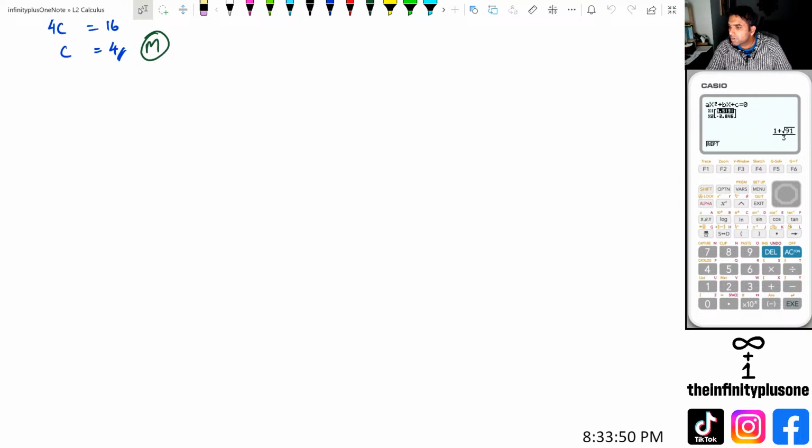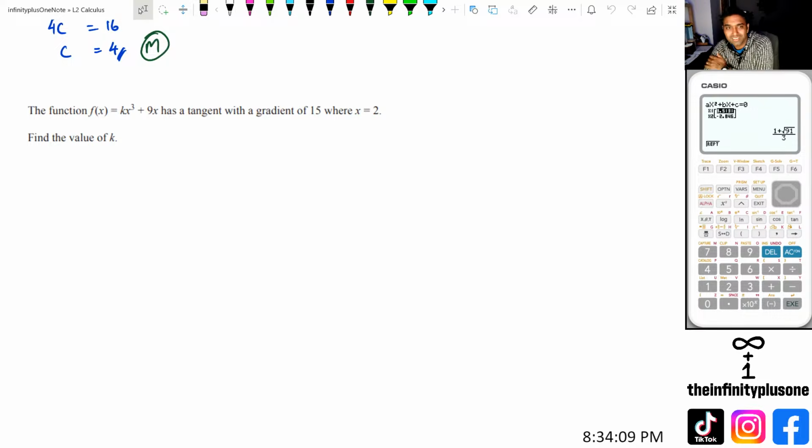So this is from 2020. What question was this? 2D? No, 3D. No, this is not a merit question. This is an achieved question, by the way. Sorry, I thought it was a merit question.